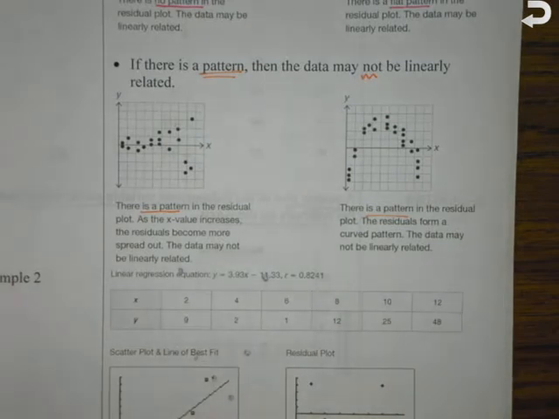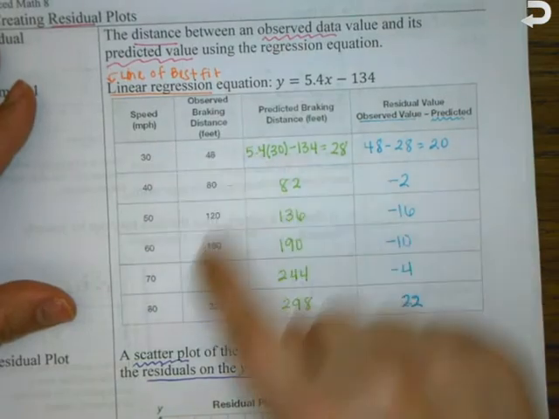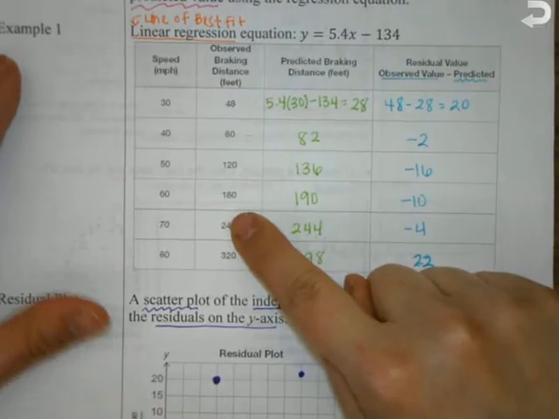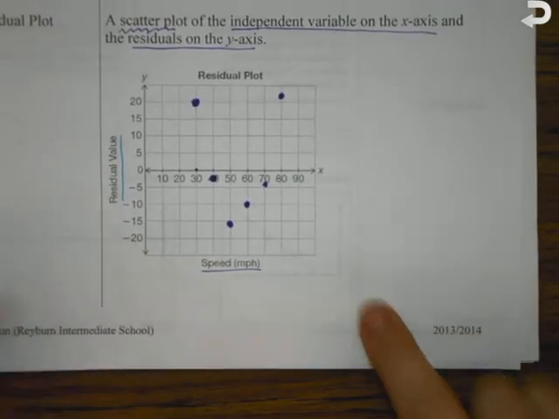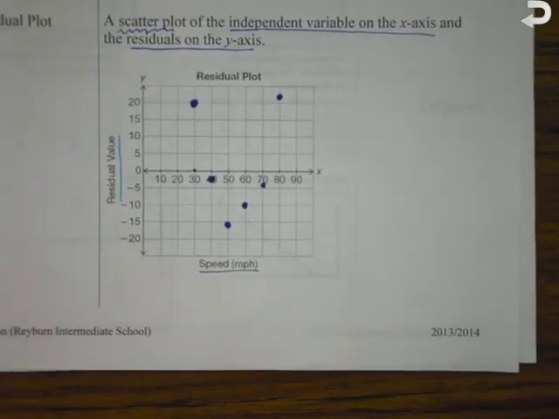But if we were to plot the data that I gave you right here with the actual observed distance, it wouldn't be linear. So a line of best fit would not be appropriate, okay? So what I want you guys to write underneath right here: a linear regression may not be appropriate, okay?